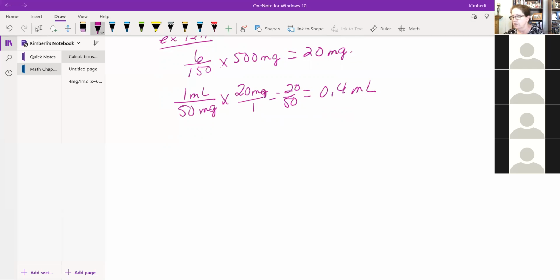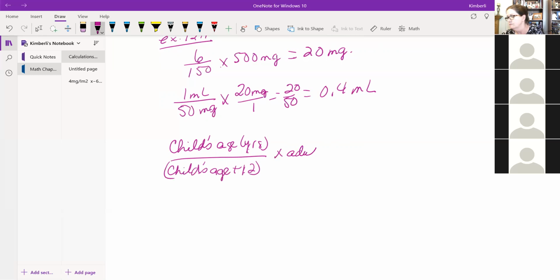And Young's rule is the child's age in years divided by the child's age plus 12, times the adult dose. Okay, so looking at example 12.10, and this one's Young's rule.